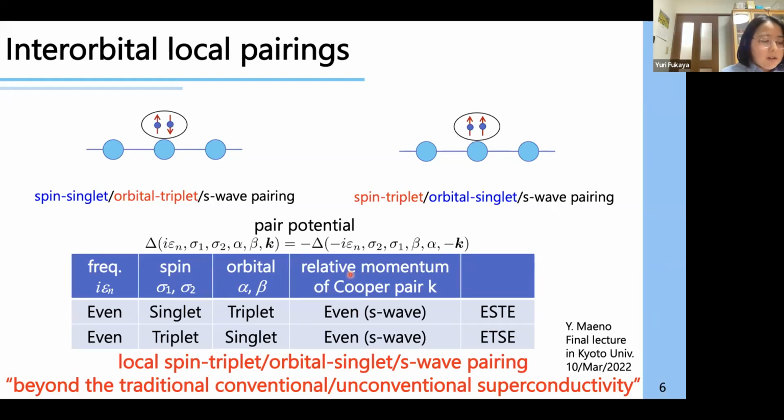For this reason, Professor Maeno, who found the strontium ruthenate superconductor in 1994, called this orbital-dependent spin-triplet pairing beyond the traditional conventional superconductivity. In this study, we focus on the interorbital spin-triplet orbital-singlet s-wave pairing.